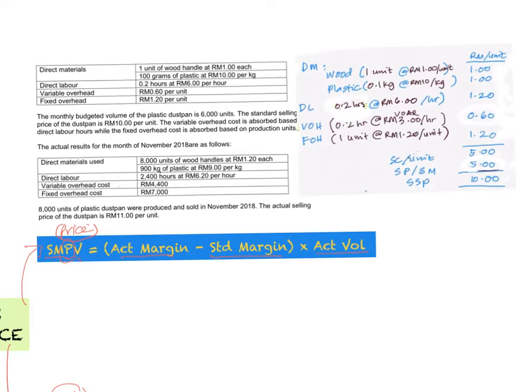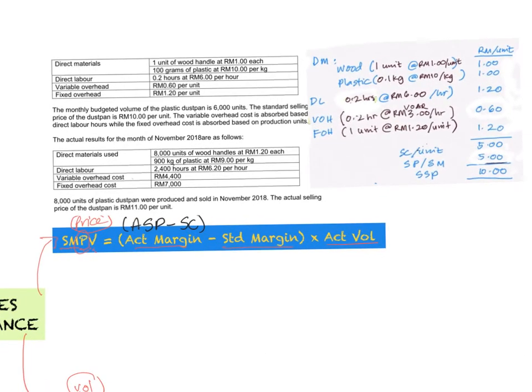To get the actual margin, you need to use one formula: the actual selling price minus the standard cost. In our example, the actual selling price is given in this question, 11 ringgit. So the actual margin is the actual selling price of 11 ringgit minus the standard cost.